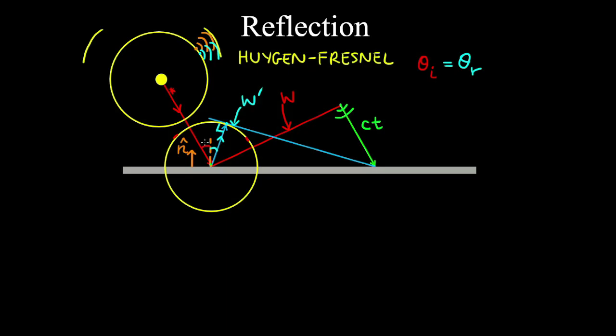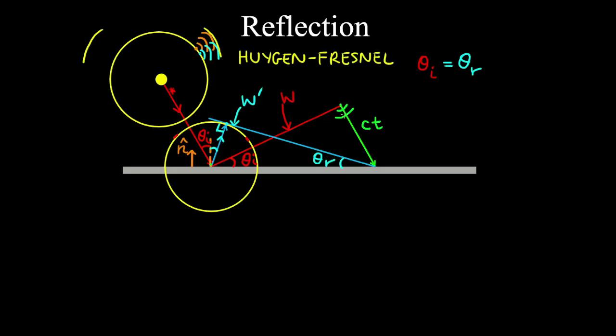So by geometry, we can see that this angle is equal to the incident angle. So the angle that the ray makes with the normal to the surface is equal to the angle between the wavefront and the surface. And on this side, we denote the angle between the reflected wavefront and the surface as theta r.